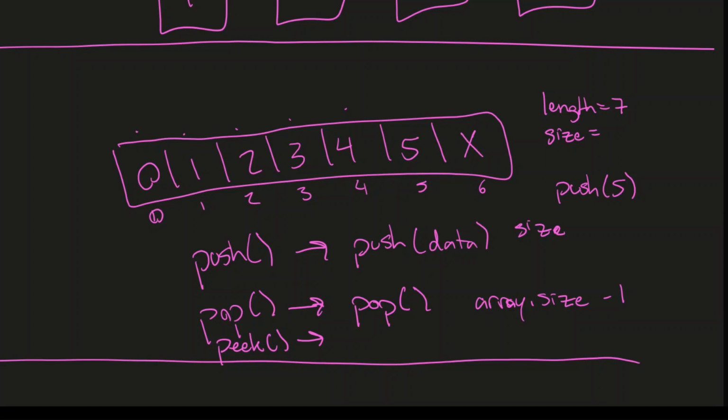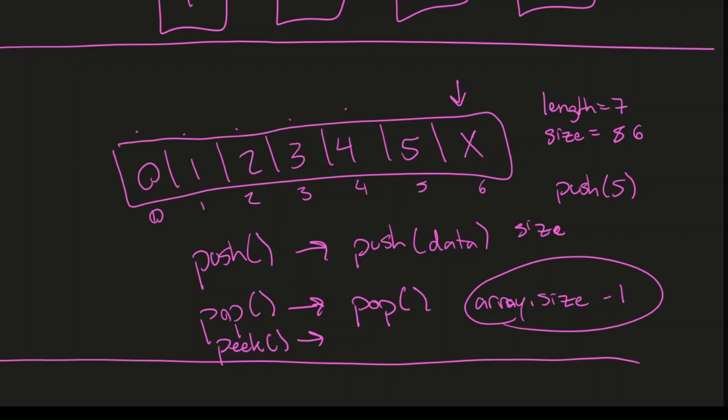The pop function is how you take things off the stack. And so now it started at size 5, and now we're at size 6. And so pop will do array size minus 1. Since size always points at the index that is after the last element, or points at this null, in order to remove the last element, you need size minus 1.